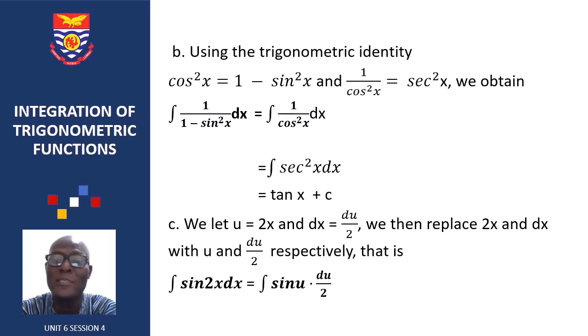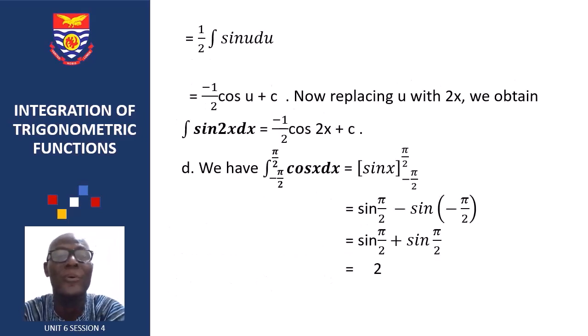Now, if we replace 2x with u and dx with du over 2 in the integral of sine 2x dx, it gives the integral of sine u times du over 2, which is equal to half the integral of sine u du.